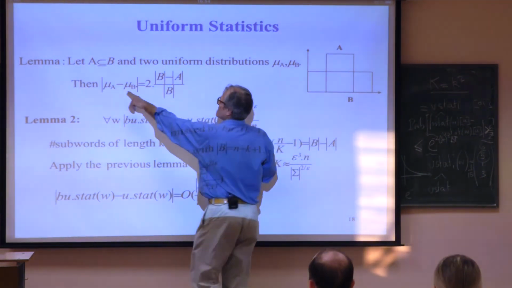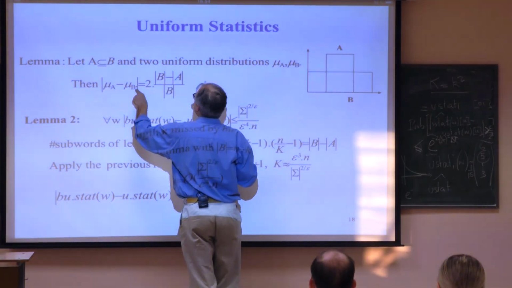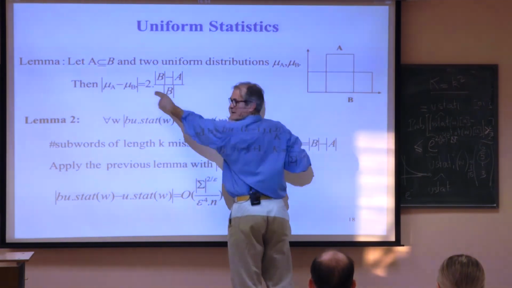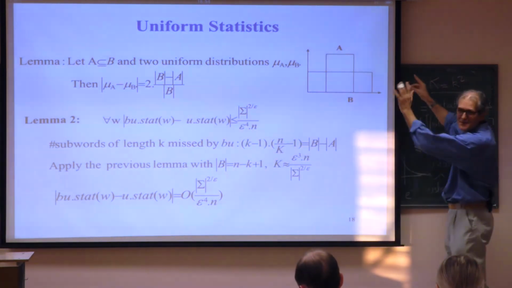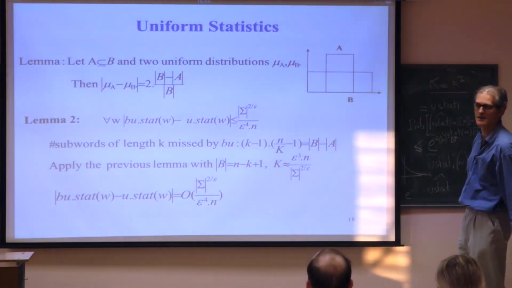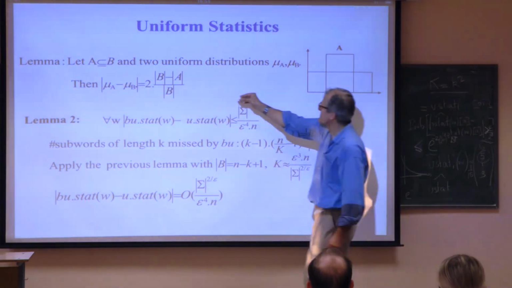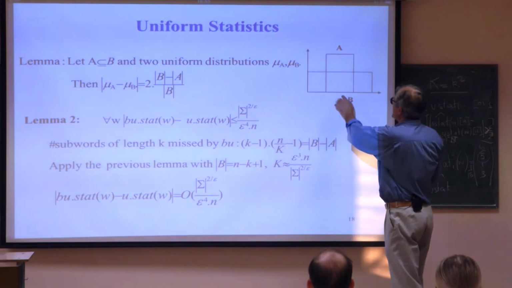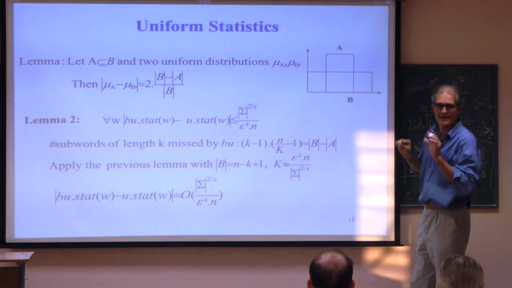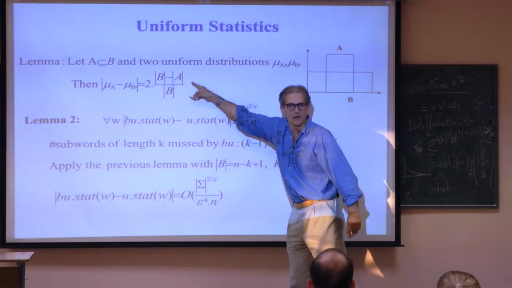So if you have 2 distributions, mu A and mu B, then the L1 distance is exactly this. Now it's almost a geometry operation. It's twice the difference, B minus A, divided by B. Well, in our case, B minus A is going to be very small, and therefore this will be small.